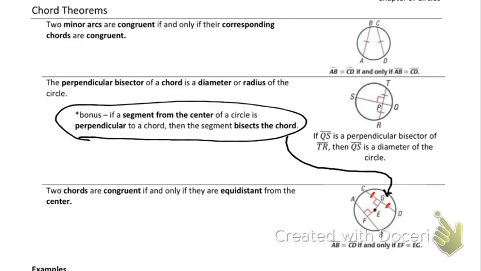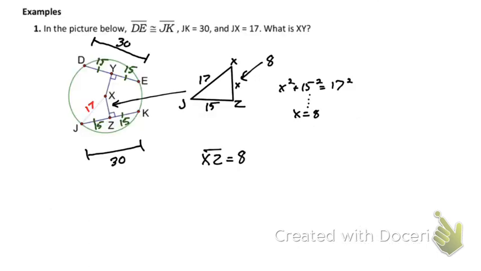Two chords are congruent if and only if they're equidistant from the center. So that means if two chords are congruent, their distances also have to be congruent. So we just used the reverse of this one. We said, okay, my chords are the same length, so that must mean they are the same distance from the center. Our chords JK and DE are the same, so that means YX and XZ must be the same length as well.